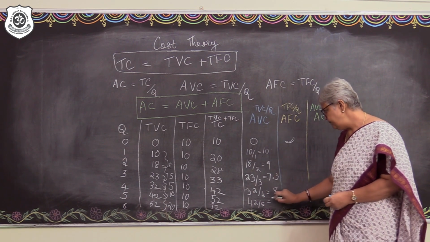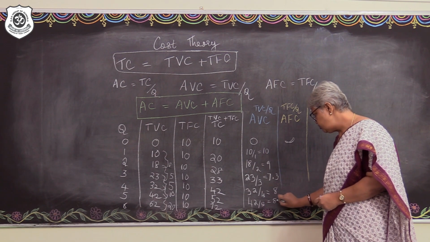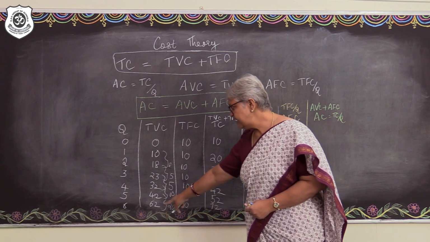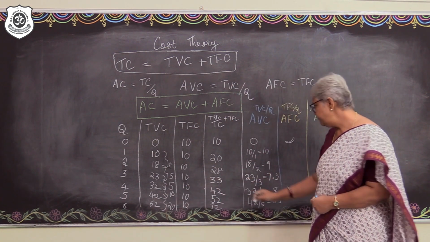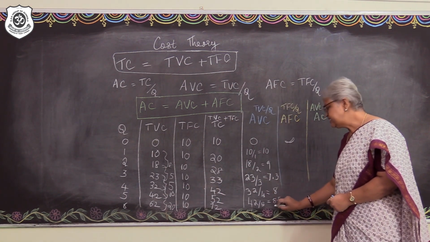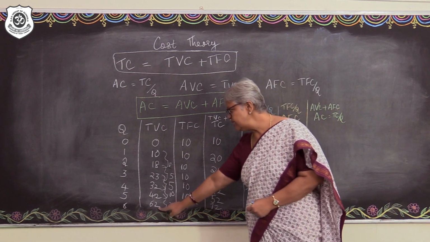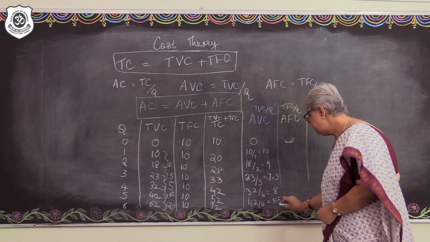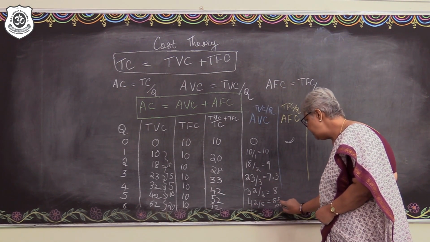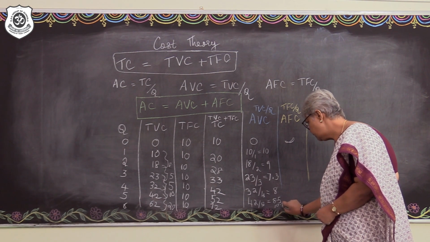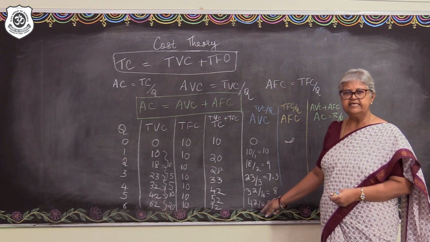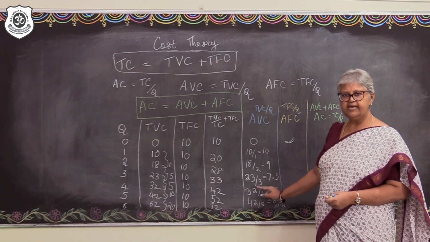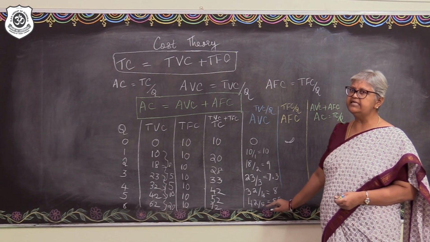So that is going to be 8.4. Yes? Then the next level is going to be 62 by 6, right? 62 divided by 6, and that would be 10 point something. Yes, what do we see? It's increasing. The average variable cost is continuously falling and then it is going to increase.